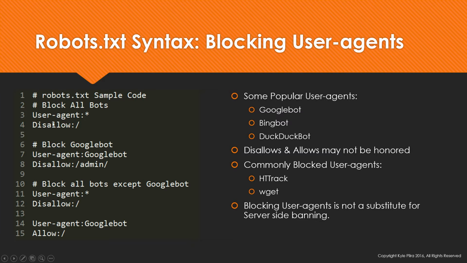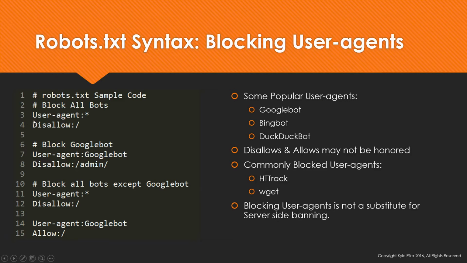But anyway, over here I've got some sample code, and you see the asterisk here. In not just robots.txt but a lot of programming-oriented things, this means wildcard or universal: every possible value this could have.